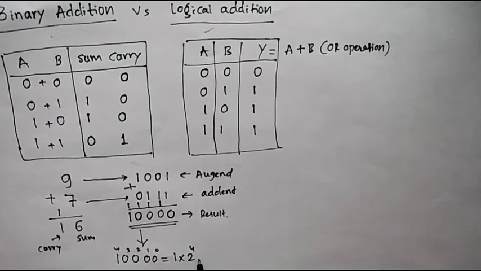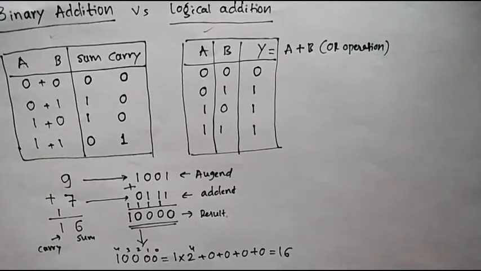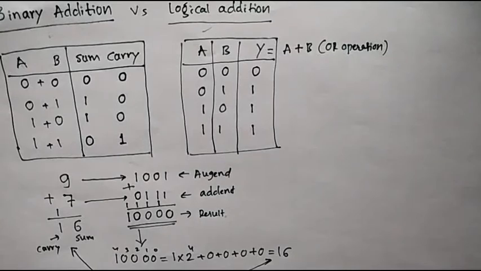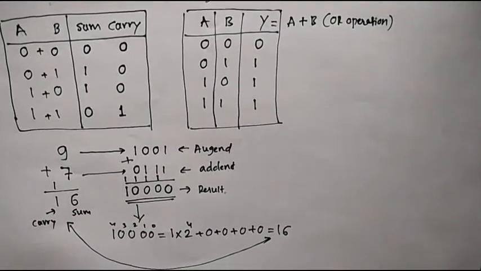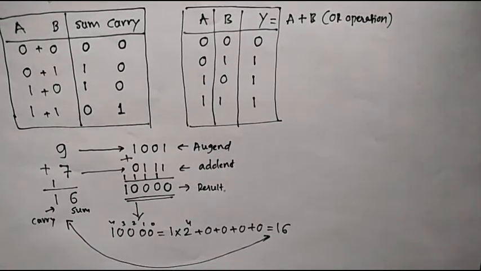In the rest of the cases the answer is 0. Therefore plus 0 plus 0 plus 0, which is equal to 16. So this value is equivalent to this value. This is how binary addition is performed.